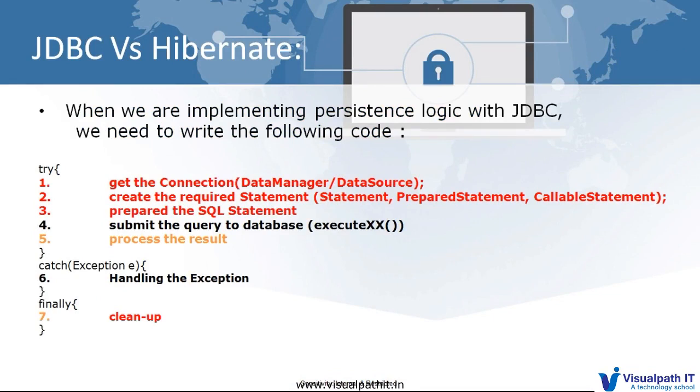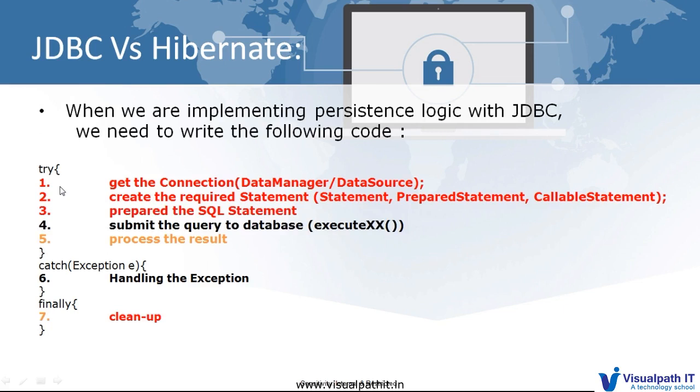But first, when we implement persistence logic with JDBC, we need to write at least these basic 7 lines of code. What I am trying to explain is, since we have JDBC, why do we require Hibernate or any other ORM tool?